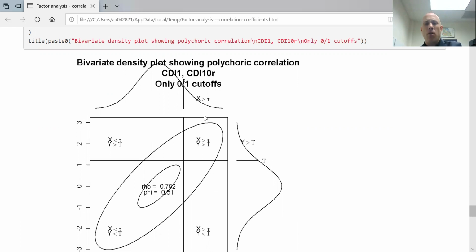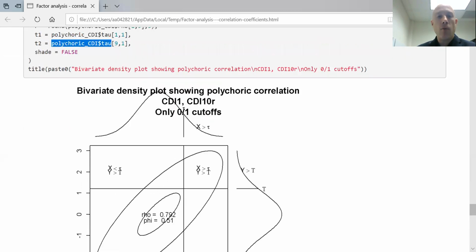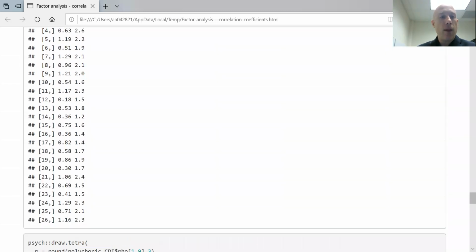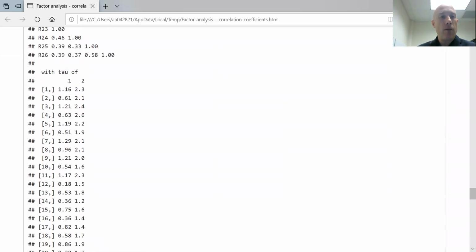I couldn't get R to slap on another line. I wanted to keep things parallel. But here is the cutoff between 0 and 1. Here's the other cutoff between 0 and 1. And up here, there would be another cutoff. So if I look up here, I can't tell because it doesn't label it. 10, I think, is the 9th one. I think these are the cutoffs I want. So 2.